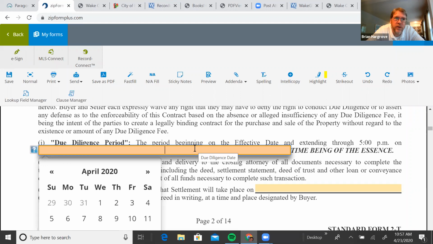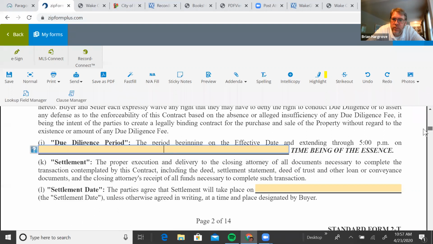So the closer you can get your due diligence period to end to the closing date, the more protected you're getting your buyer. Now you will get pushed back if you make it extra long, and certainly don't keep it real long if you have multiple offers.